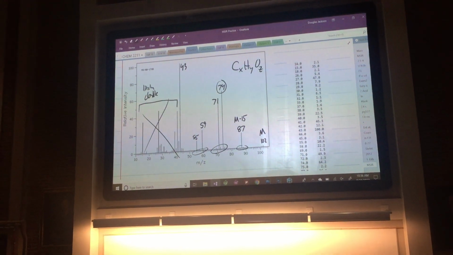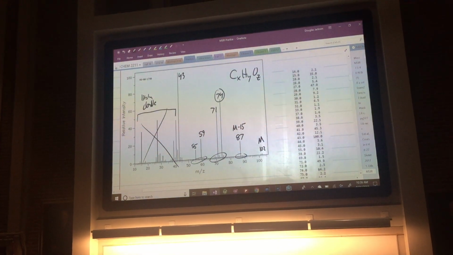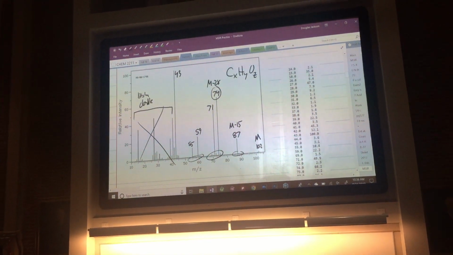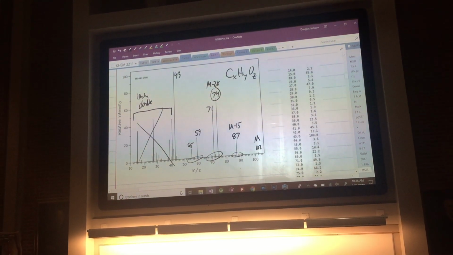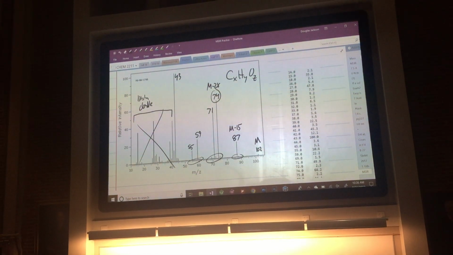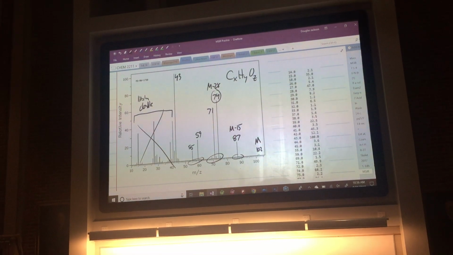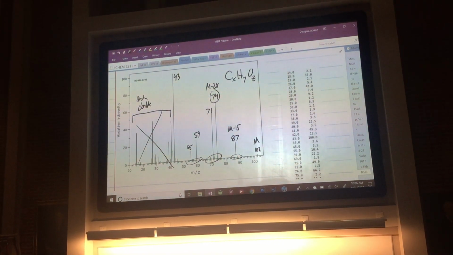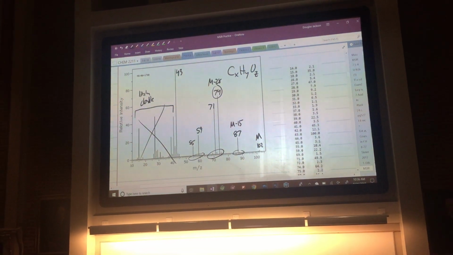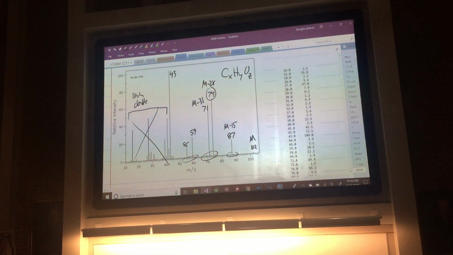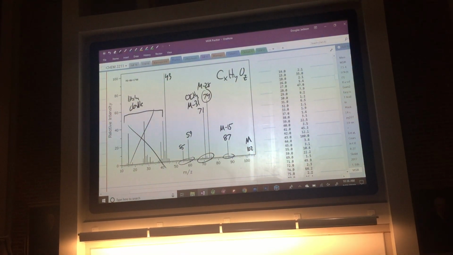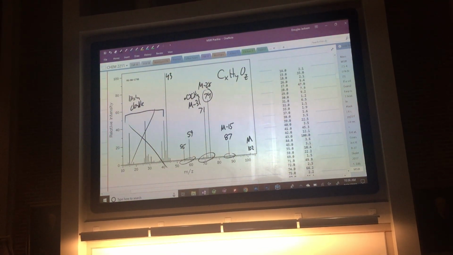Okay, making sure here, going to do the rest. 102 minus 74. That's a 28. Add some McLafferty, folks. Okay, 28, that screams at us McLafferty rearrangement, not loss of water. It's not 18 and it's still M-28, it's even. Okay, then after that, M-31, that has to be OCH3.